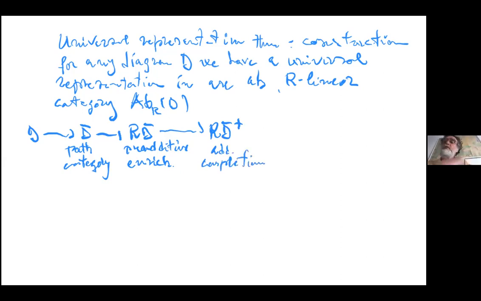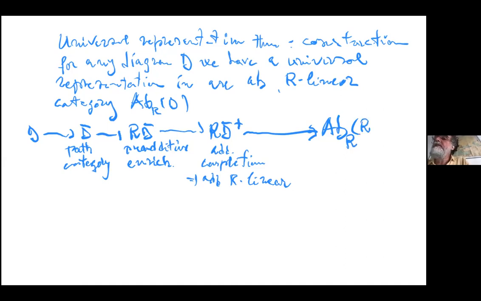So now we get to this, which is an additive category. This is additive R-linear. And from this to this, we have the so-called Freyd's universal abelian category, which was introduced by Freyd many years ago.